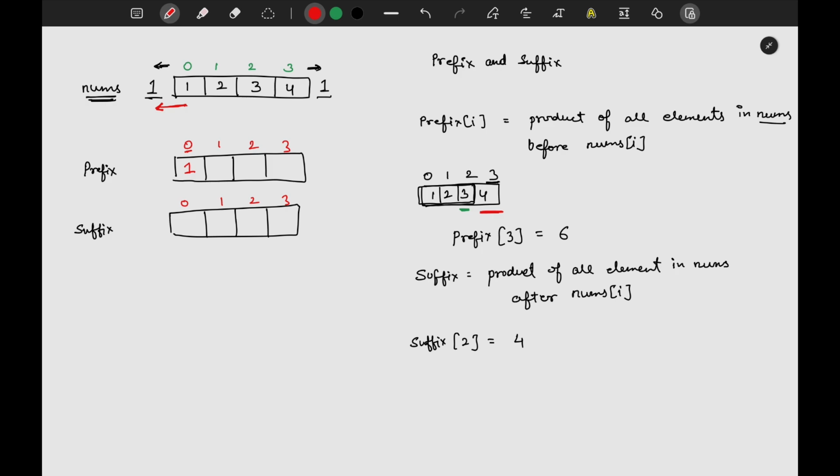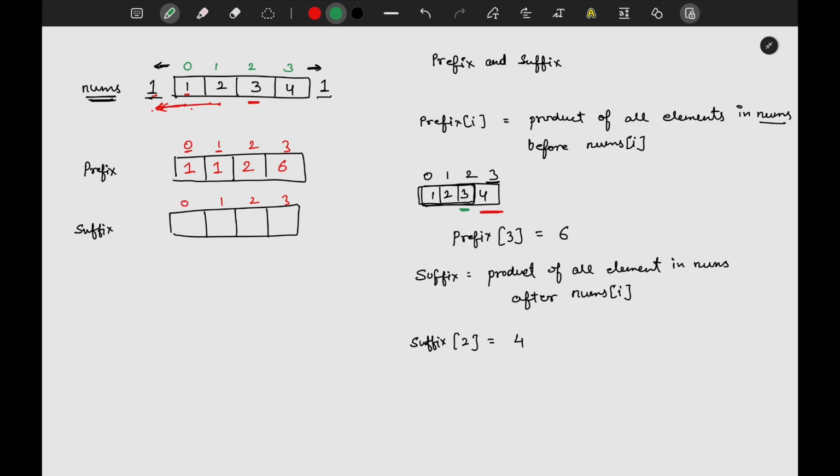Then when we move to index number 1, all the elements before nums[1], so we multiply 1 and 1, it will be 1. Then for index number 2 in prefix, we skip index 2 in nums and multiply all the elements before it, that is 2, 1 and 1. So we will get 2, right? Similarly for 3, we will get 3 into 2 into 1 into 1. This is 6.